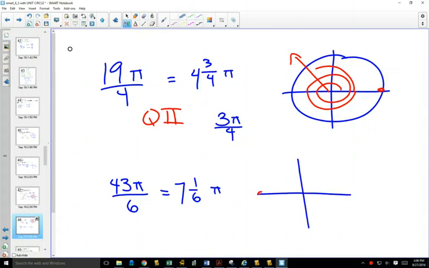Can you see that 7 is going to end here, because it's an odd number? And since we're going in the positive direction, 1/6 is less than half, so it'll just go a little bit more and end in quadrant 3. What's your pi over 6 family member in quadrant 3? 7 pi over 6. So 43 pi over 6 is coterminal with 7 pi over 6.